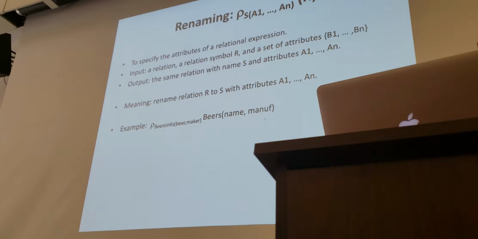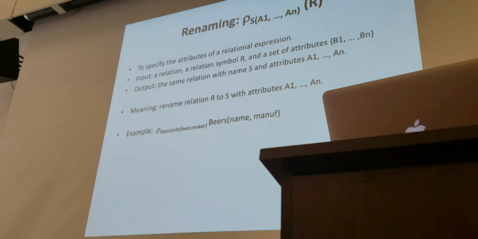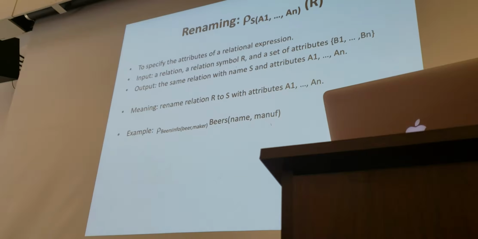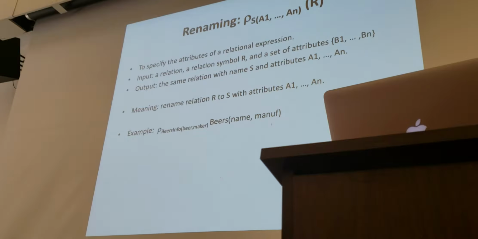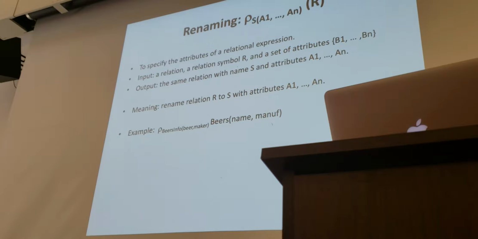Next. I said that when you have common attributes, you're going to want to use a table more than once sometimes. You want to distinguish between them, just as you can play games with AS and renaming of attributes inside SQL or tables or tuple variables.